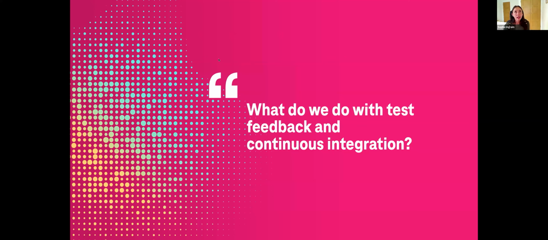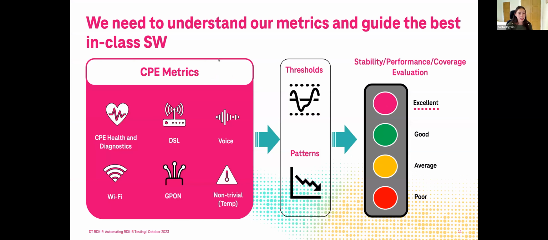So the next part of my presentation is, okay, so we're doing all of this testing. What do we actually do with that feedback, and how do we make sure that the testing that we're doing is being fed back in a way that means that we are continually improving the software? So for us at DT, we need to understand what our metrics are.